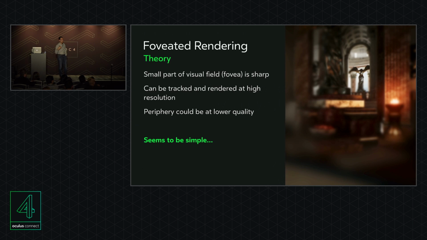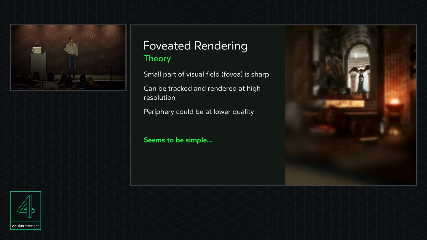So let's talk about foveated rendering with eye tracking in general. In theory, and many think that it should be simple, right? The basic theory is that only a small part of the visual field, the fovea, is perfectly sharp, and there is a very sharp fall-off of acuity from that to the end of the visual field.